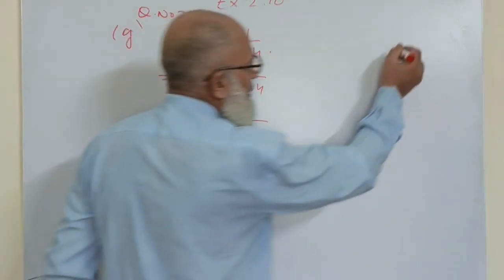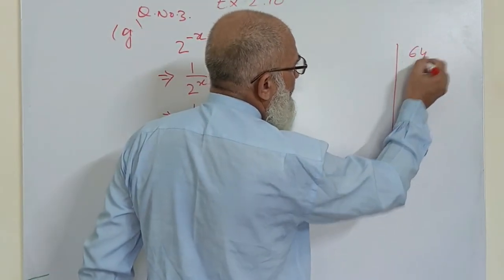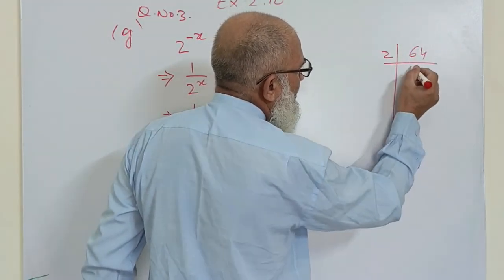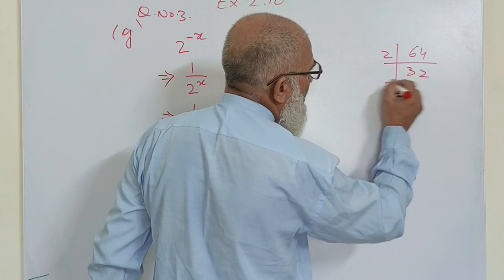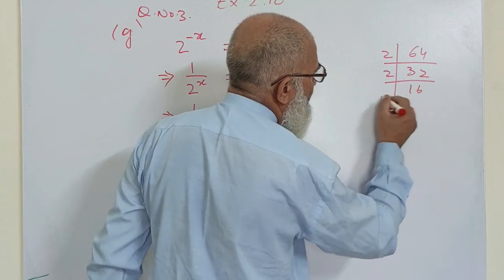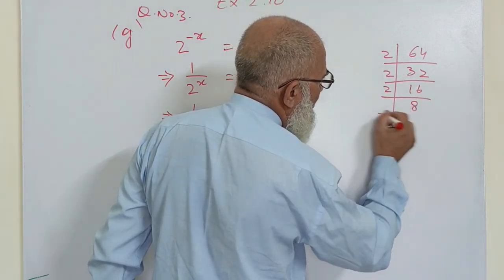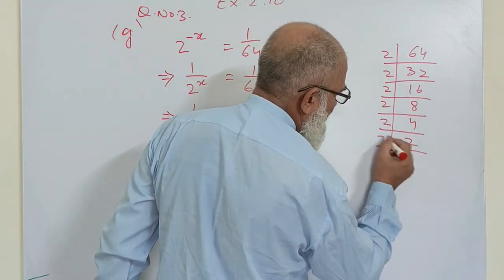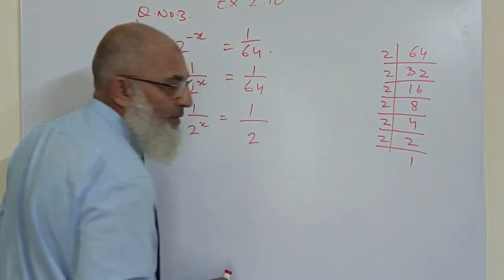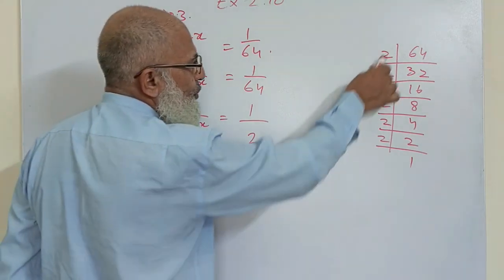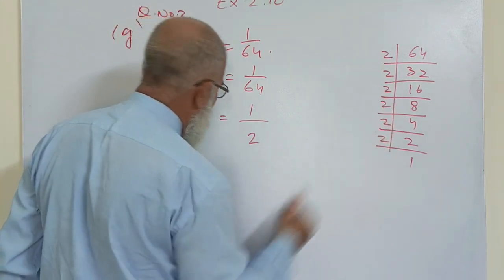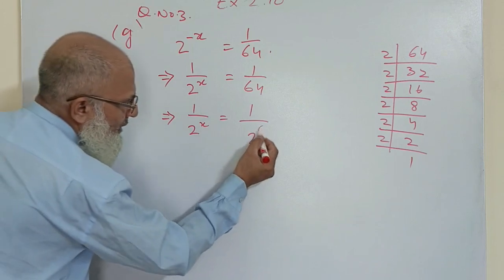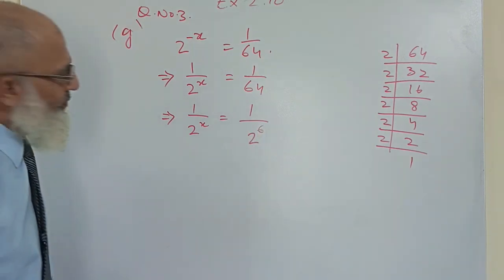But how? Again I have to write this whole thing. There are 6 twos in a row. 1, 2, 3, 4, 5, 6. So what does it mean? 6.